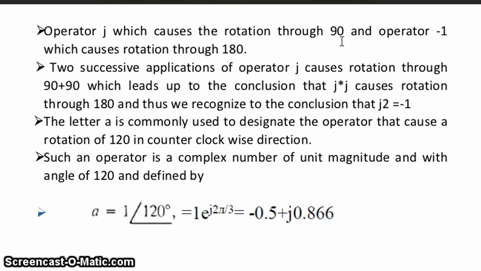Similarly, we have the letter a, which is commonly used to designate the operator which causes a rotation of 120 degrees in the counterclockwise direction. So we can see that a is a vector with unit magnitude and an angle displacement of 120 degrees. It can also be represented in exponential form as 1 e raised to j 2 pi by 3, or in complex form as minus 0.5 plus j 0.866.